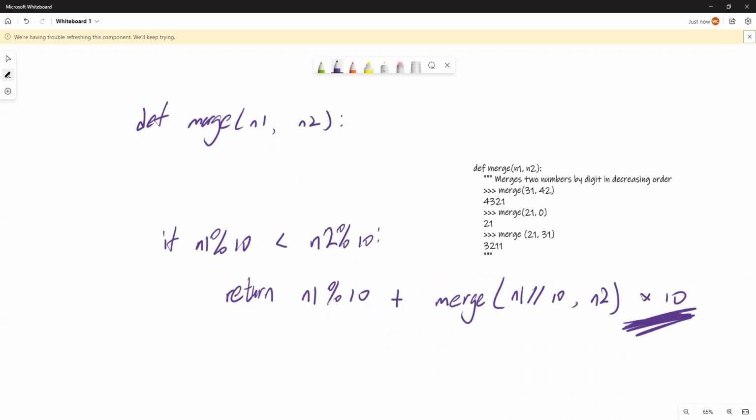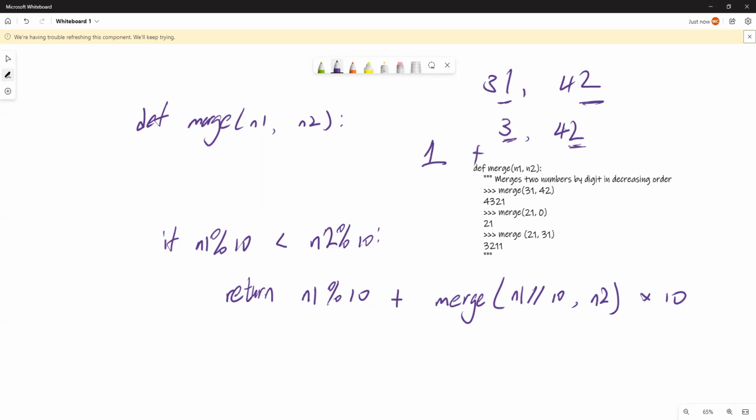Why multiply by 10? It's easy to understand. Take 31 and 42. First, if you check the rightmost digit of these two numbers, the 1 is less than 2. So the 1 here, and then plus calling the function itself. Divide by 10, so 3 compares to 42.